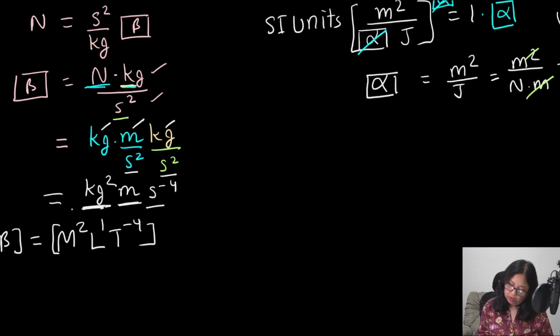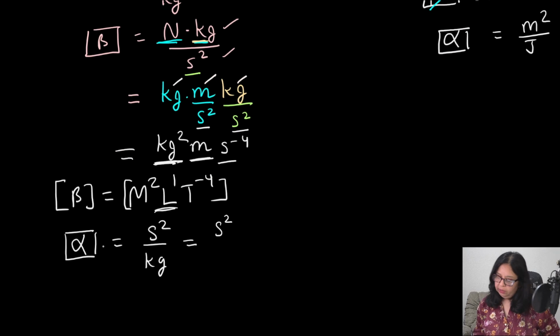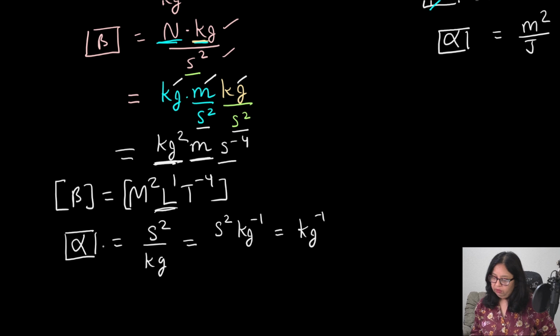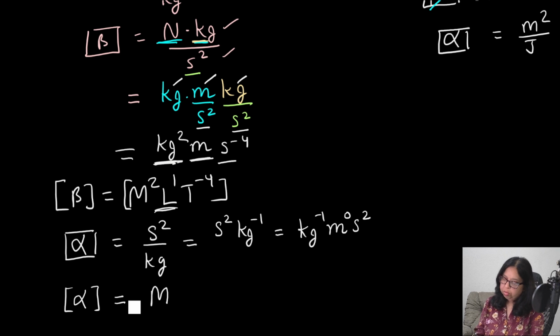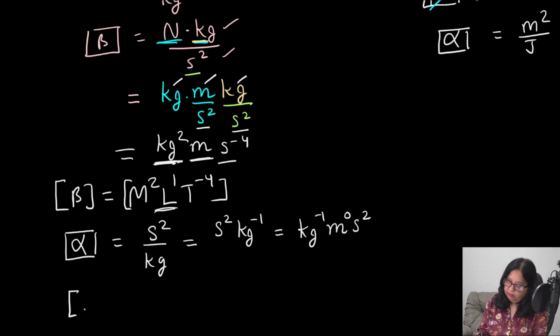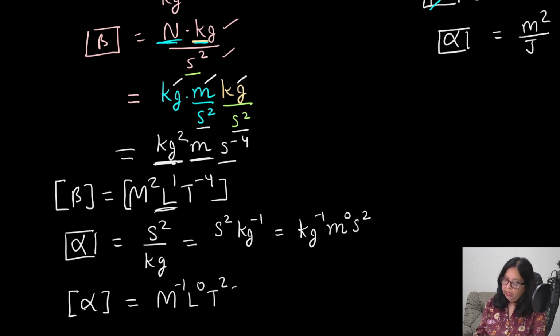And alpha was second squared over kg, which is the same as kg inverse times meter to the power 0 times second squared. This gives the dimensional formula of alpha to be mass to the power -1, length to the power 0, and time to the power 2.